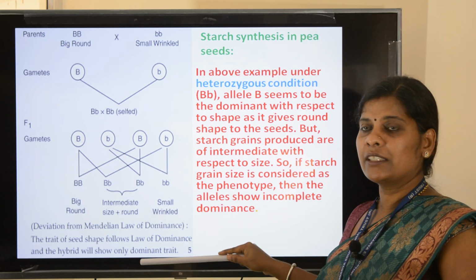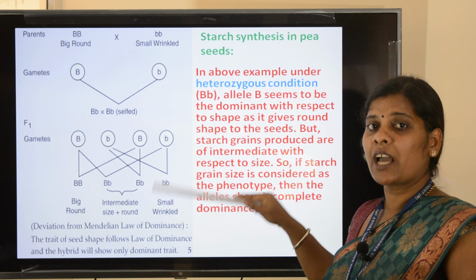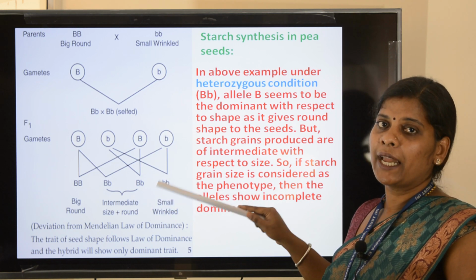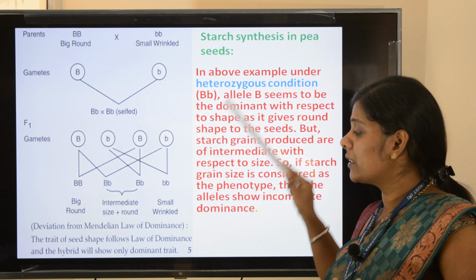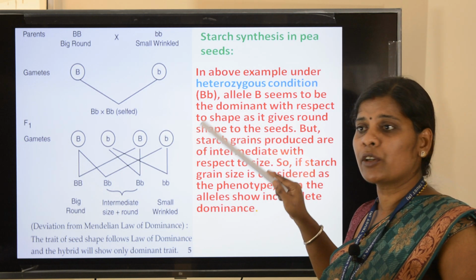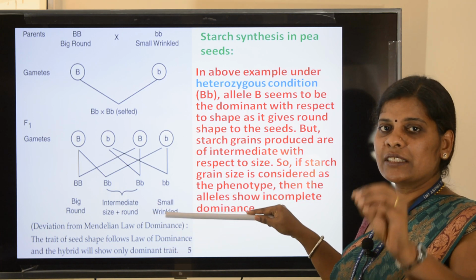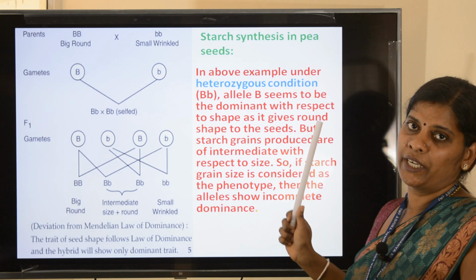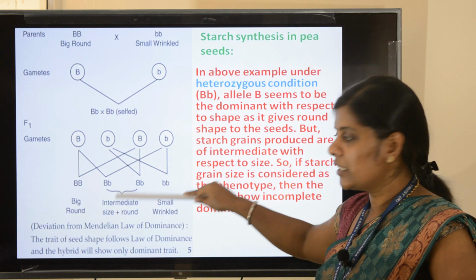So if you consider the gene that is responsible for production of starch, B is dominant, small b is recessive. But along with the synthesis of starch grain, it influences what? The shape of the seed. If you consider the shape of the seed, round is dominant, because in intermediate or heterozygous condition, seed shape is round.